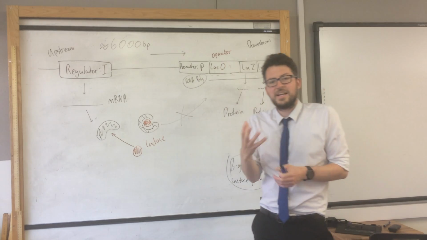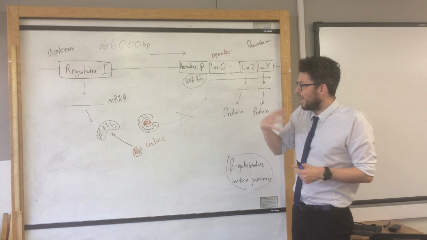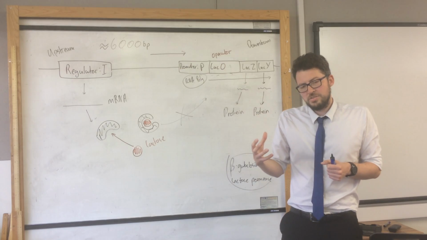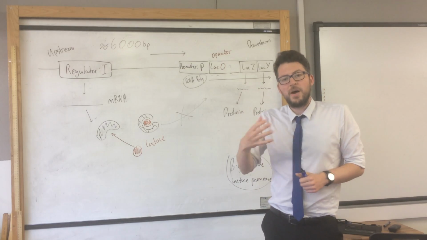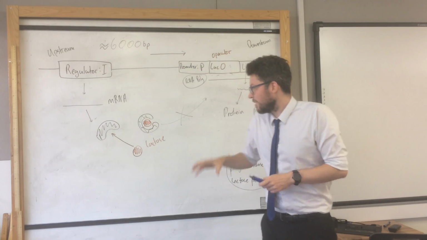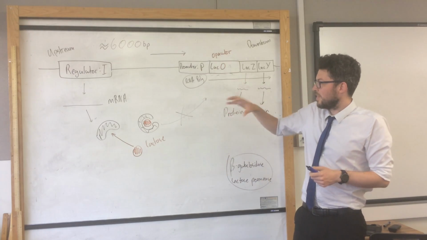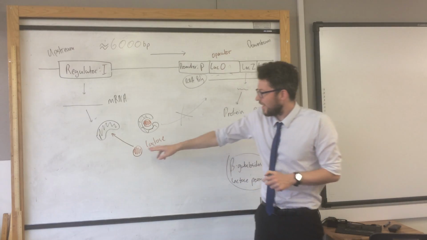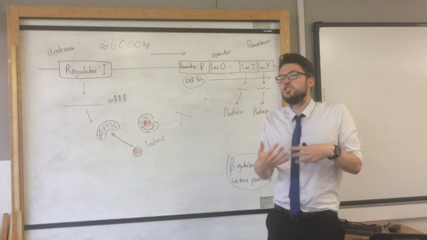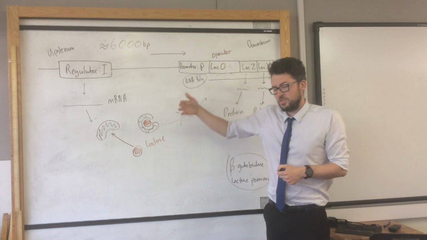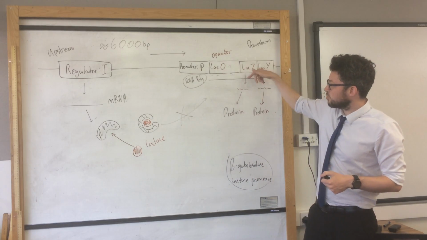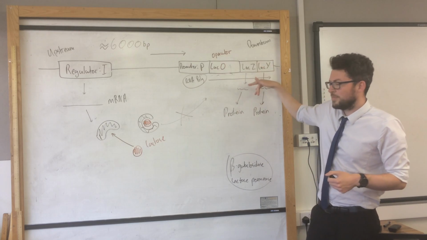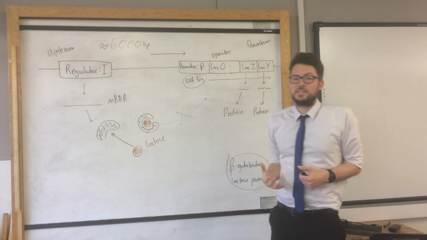Then they will act as enzymes to help break down lactose, and then it can be used by the cell for its functions. So in high lactose conditions, that is what happens. Just a point to mention is that lactose, in this case, is known as the inducer. It brings about the transcription and translation of these enzymes by its presence.